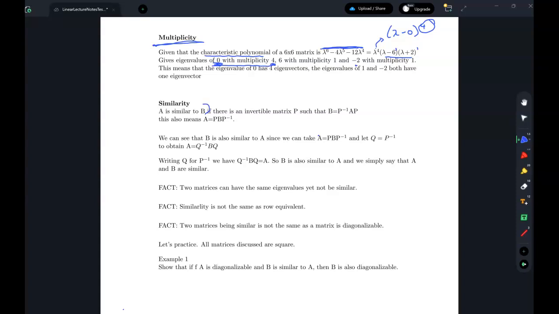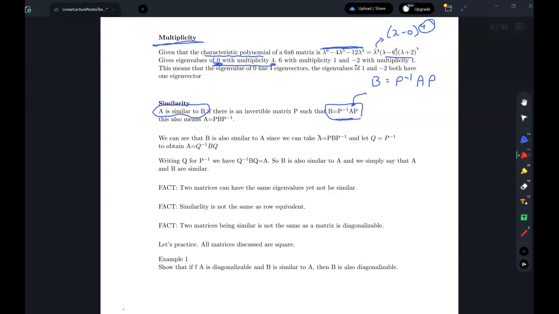So if A is similar to B, that means B is equal to P inverse AP. I could also rewrite this, because you know about matrix multiplication.